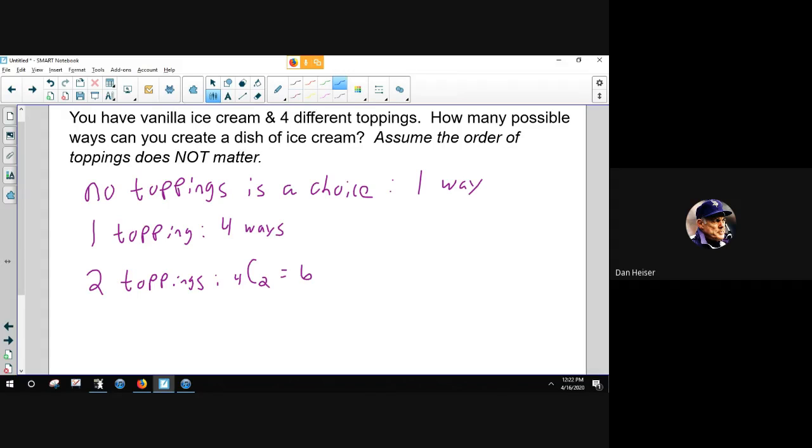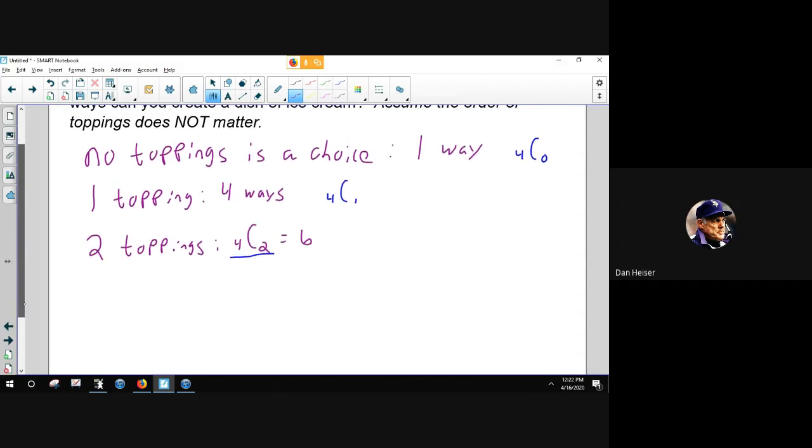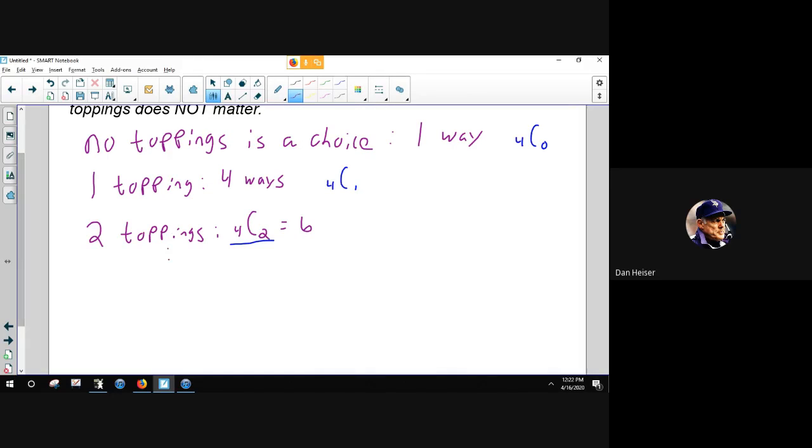And by the way, we had that in our first 2 parts here. Here, we really have 4C0. And here's 4C1. 4C2. So we start to see a pattern here. The number of ways is going to end up being 4C0, 4C1, 4C2, 4C3, and 4C4.